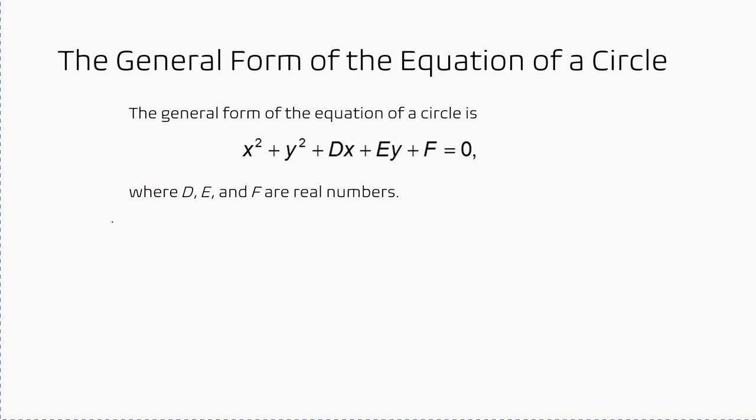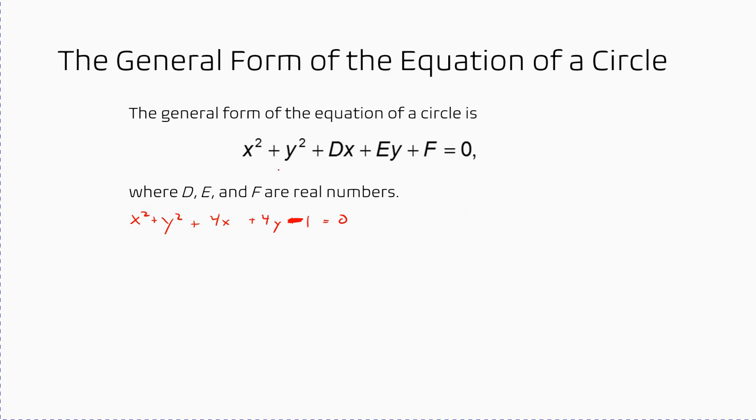Let's look at x squared plus y squared plus 4x plus 4y plus 1, or let me actually make this -1, is equal to 0.